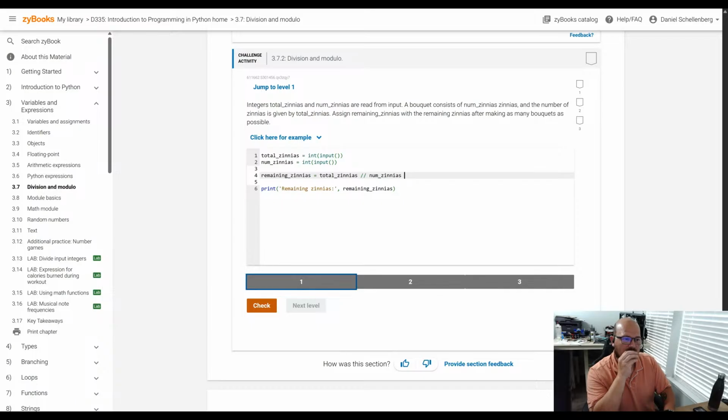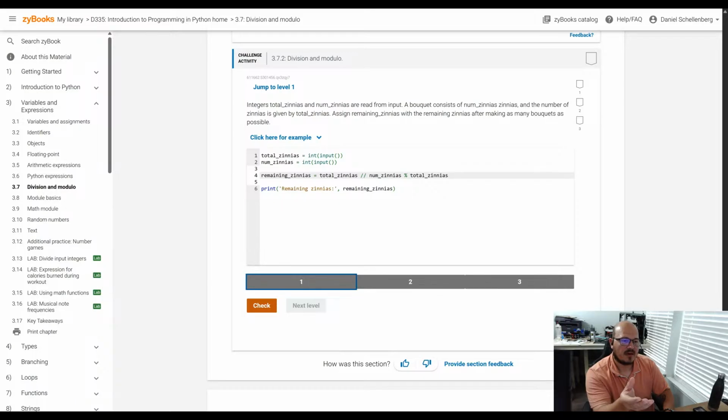And then the remainder of total zinnias, like that, because let's say we did 50 and 20 or 55 and 20 or something, right?